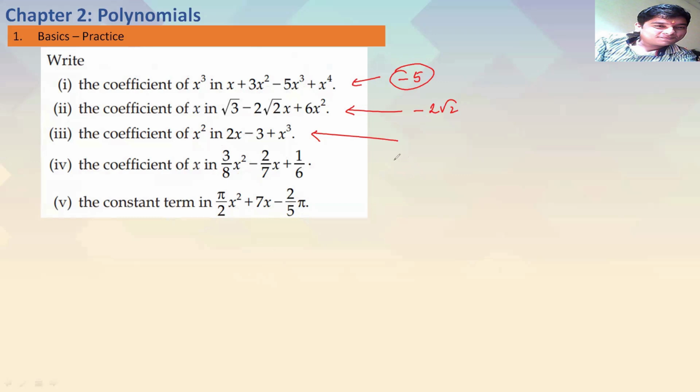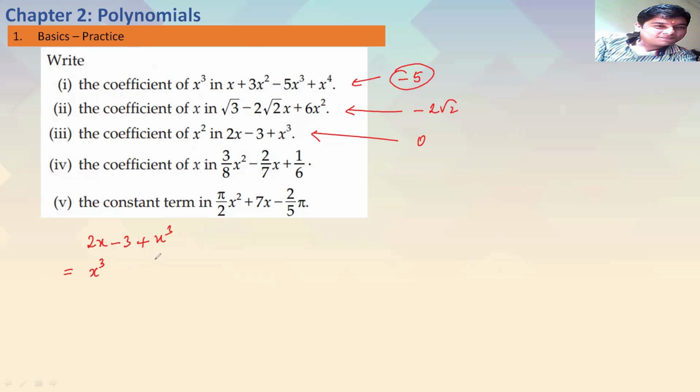There's no x square, so the coefficient of x square will be 0. Let's try to make this standard. It is 2x minus 3 plus x cube. So how do we standardize it? First, put the term with the highest power first, so x cube.